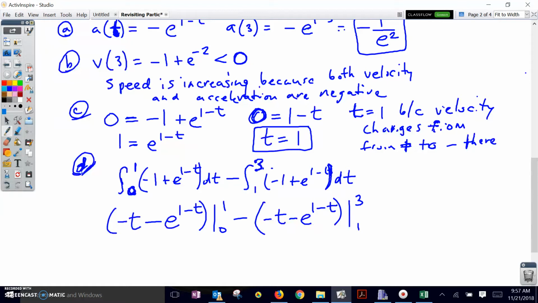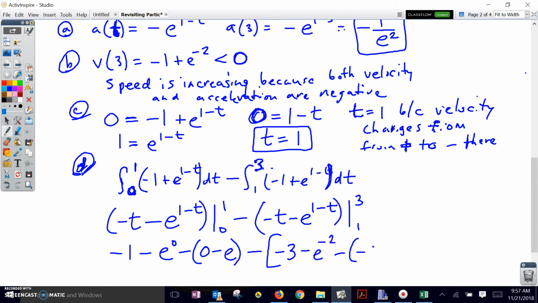Okay, and so we've got negative 1 minus e to the 0 minus 0 minus e, minus quantity negative 3 minus e to the negative 2 minus negative 1 minus e to the 0.